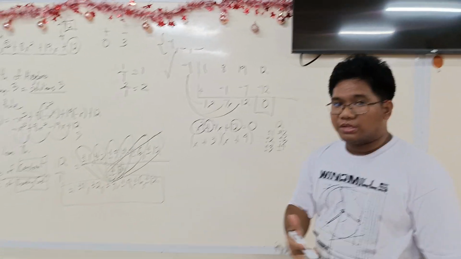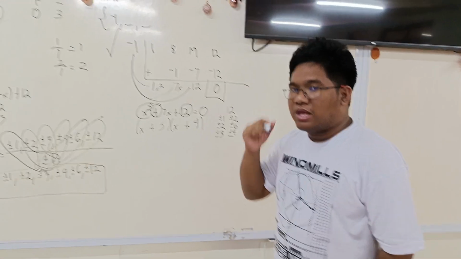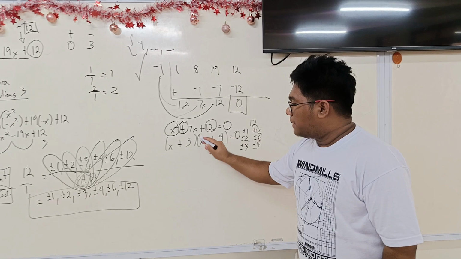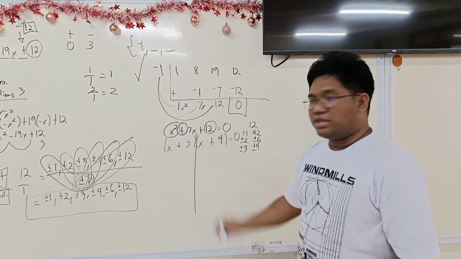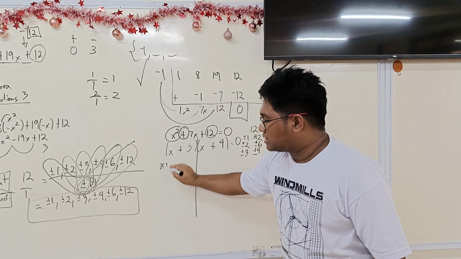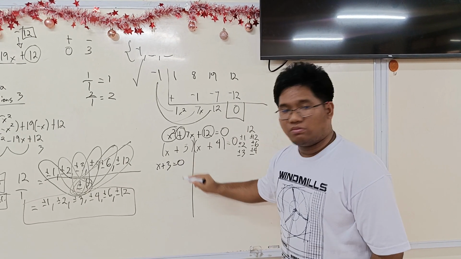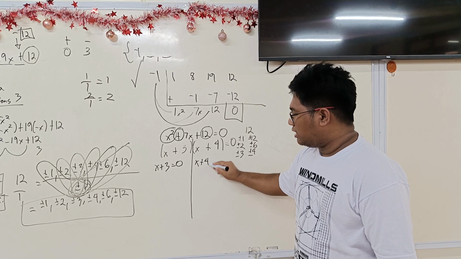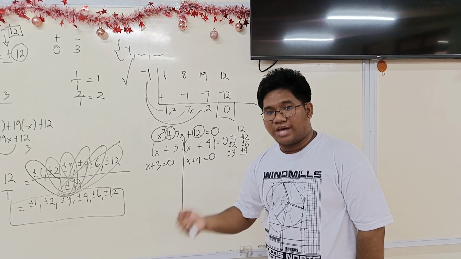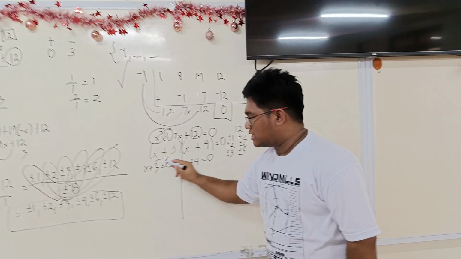Are we done? Almost. So the last step is to equate this to 0. Paghihiwalay natin sila, and then equate natin sila parehas sa 0. We will have x plus 3 equals 0, x plus 4 equals 0, and then we have to isolate the value of x, so we have to transpose.